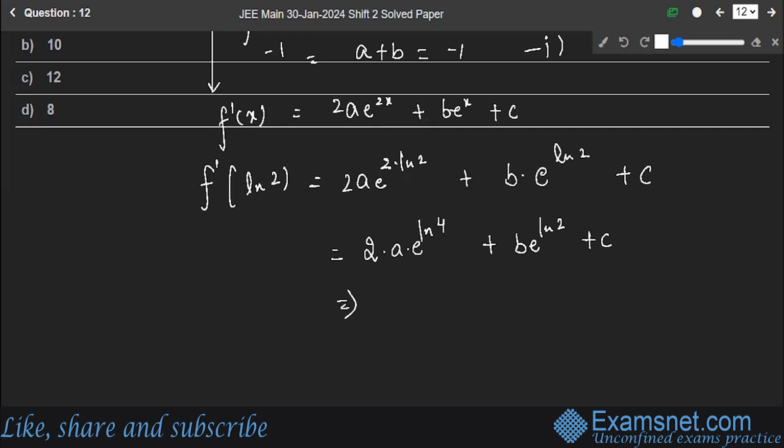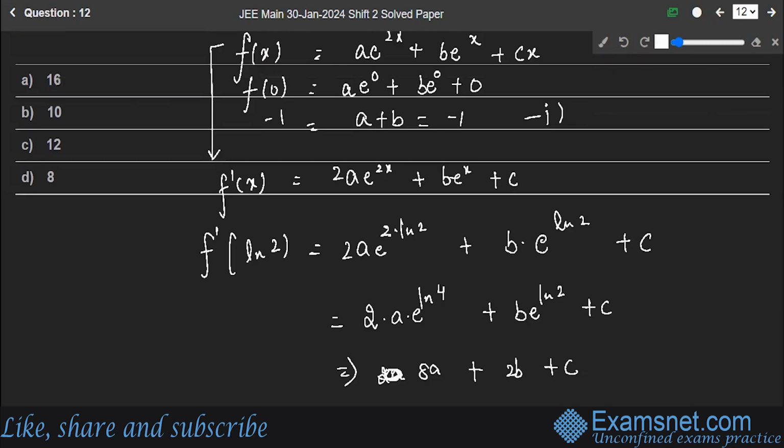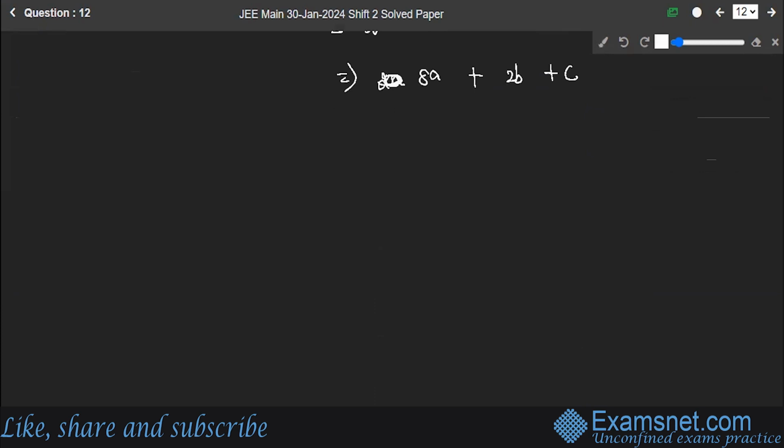So this will be 2a into 4, so this will be 8a, and this will give me 2b plus c. This was given to you as 21. So let's write it: 8a plus 2b plus c is equal to 21.